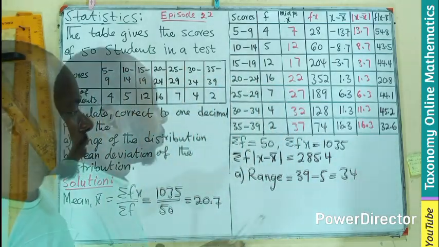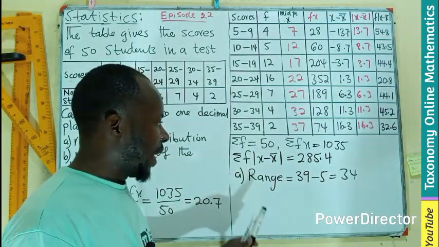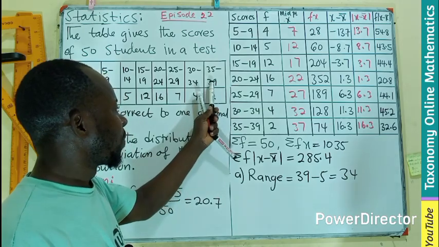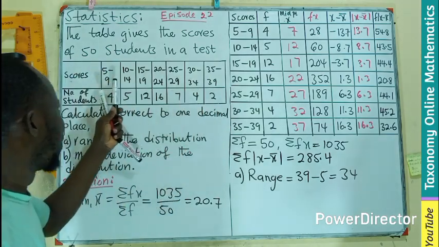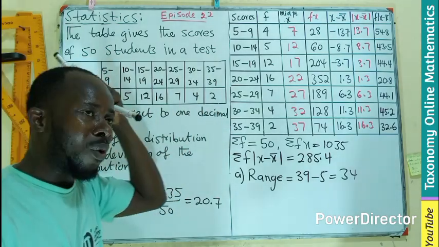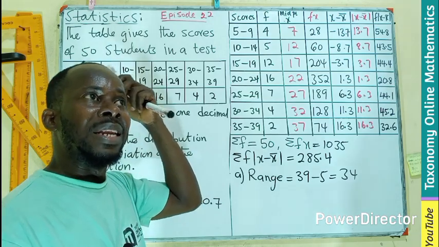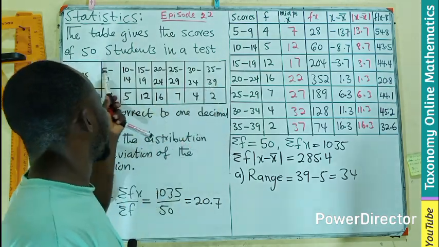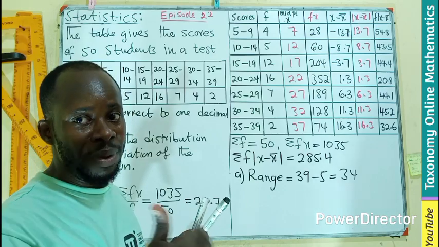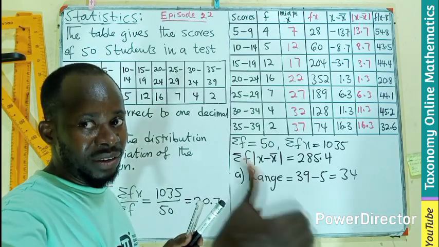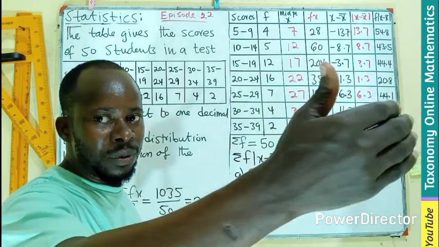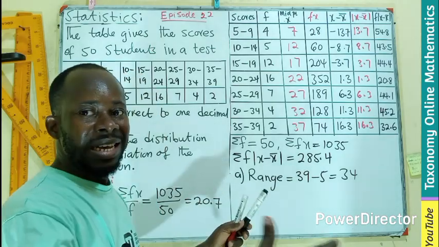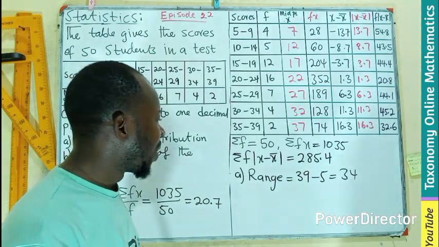That is the range. So the 34 is when we take away the minimum value from the maximum value. We can also use the class boundary, which is 39.5 minus 4.5, which will be 35 anyway. So 35 will be that value, but we can also use just the values given to us in the question.